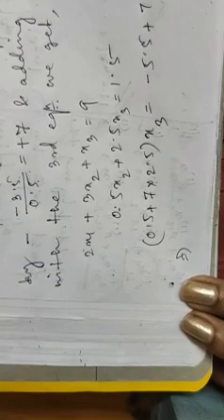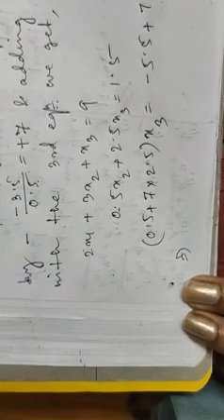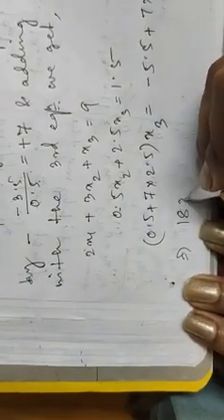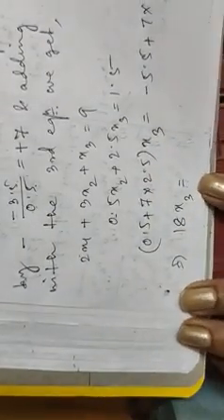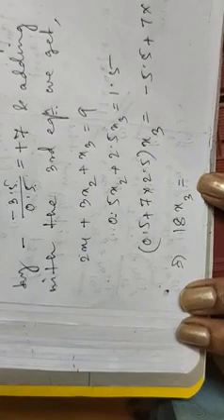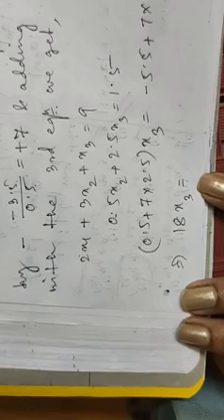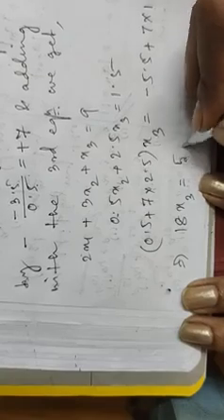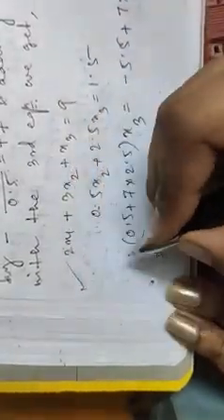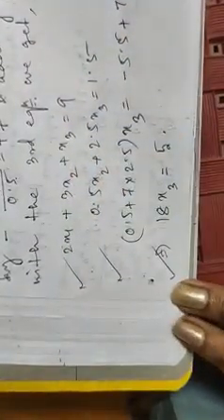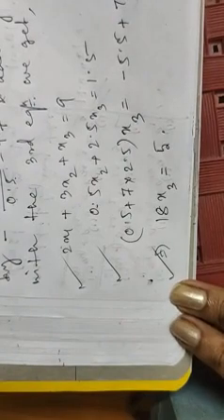Simplifying, 0.5 plus 7 into 2.5 becomes 18, so 18x3 equals 7 into 1.5 minus 5.5, which is 5. These three represent the final stage of the procedure.